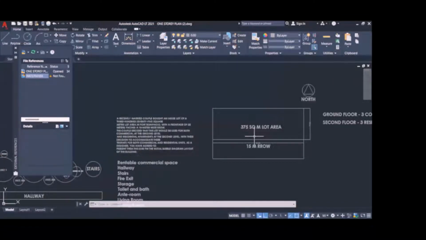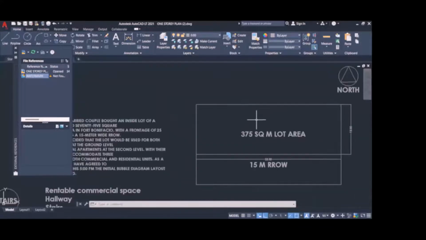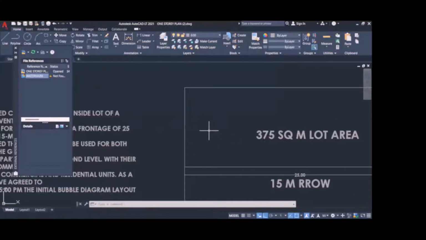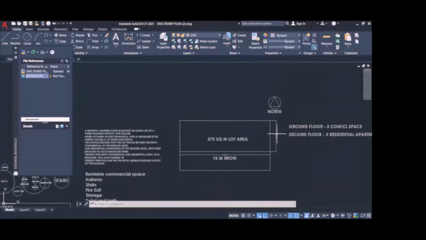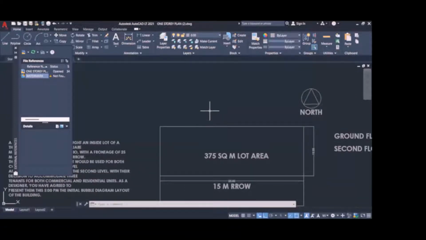So, pag binuklat nyo, or I think naituro ko na sa mga class ko dati kung ano yung types of lot sa building code, inside lot. So, inside lot has a neighboring lot on this side, and on this side.